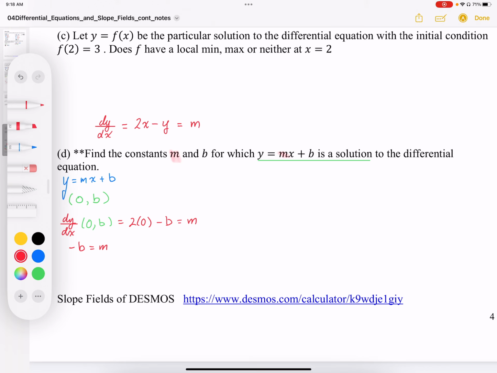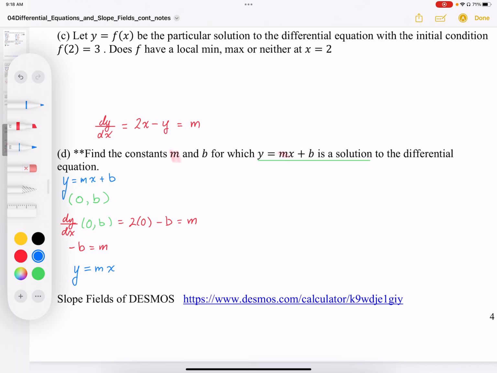So this is very useful because I can then plug that back into my original solution equation. I know my solution equation must be y equals mx. And then instead of b, I'm going to use negative m, so minus m. Okay, maybe I'll write it out this way so I can see that it's a little bit clearer.